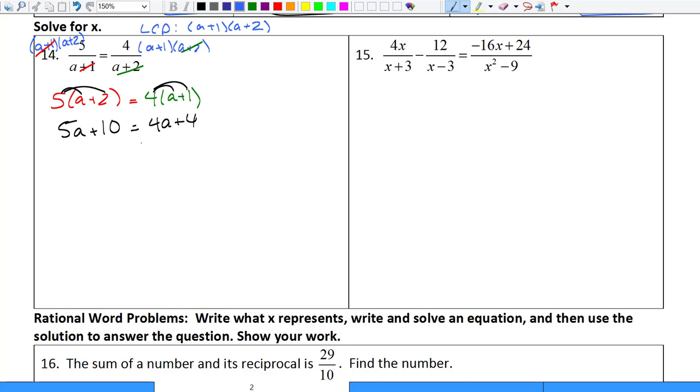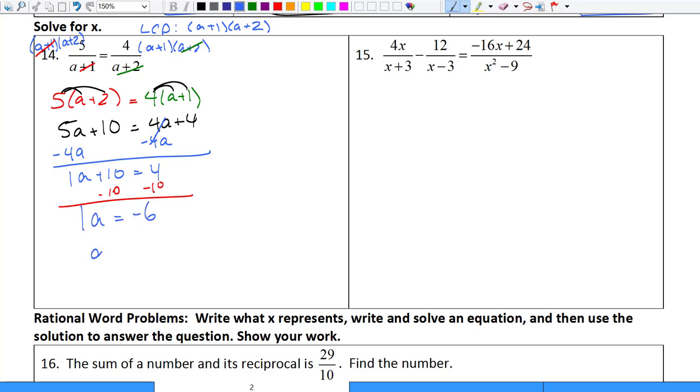And then I'm going to get all the a's on one side by subtracting 4a. So that's 1a plus 10 equals 4. And then I can subtract 10 from both sides. And that gets me 1a equals negative 6, or really just a equals negative 6.